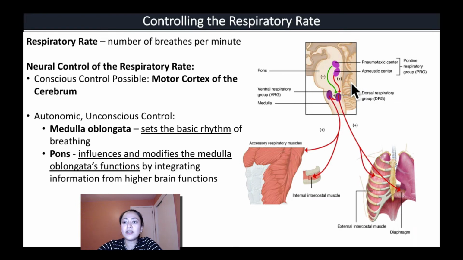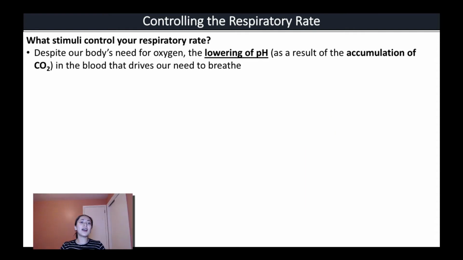So your pons has this group of nuclei called the pontine respiratory group, and they can either stimulate or inhibit the medulla oblongata. So what stimuli actually control your respiratory rate?